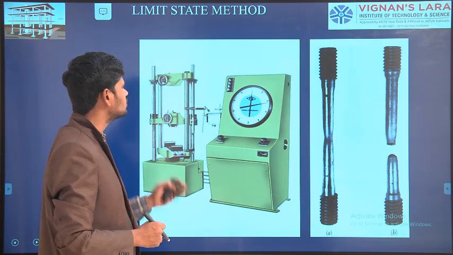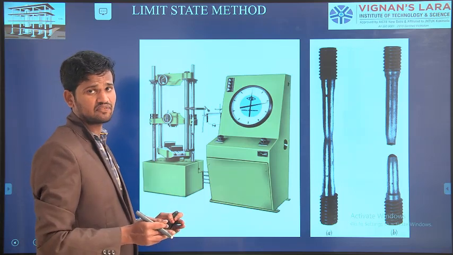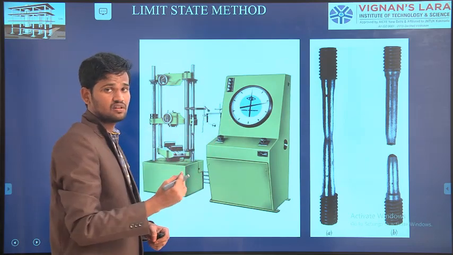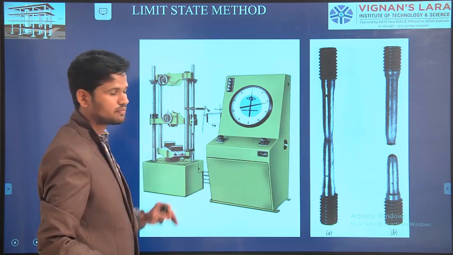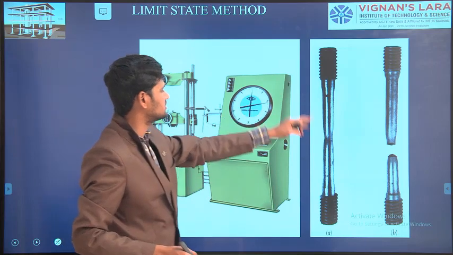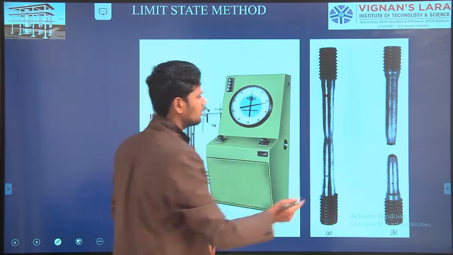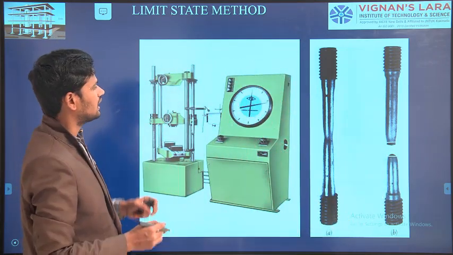Now we will see the equipment diagram. This is the universal testing machine, which is used to find out the stress and strain for different types of materials, especially copper, aluminum and steel. This is the experimental equipment we have already studied. Briefly I am explaining here. I am taking a steel rod and applying the load. Due to this application of the load, the member will split into two portions.